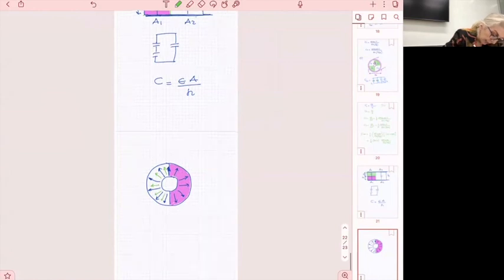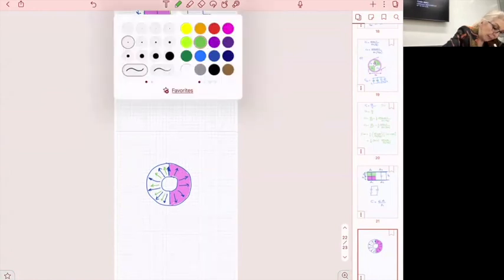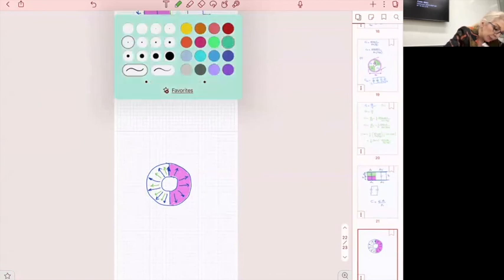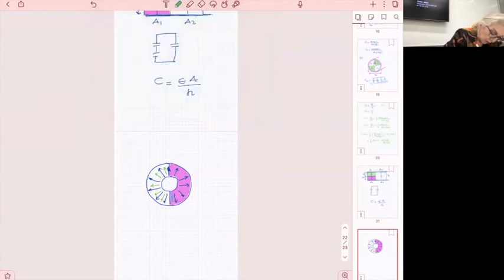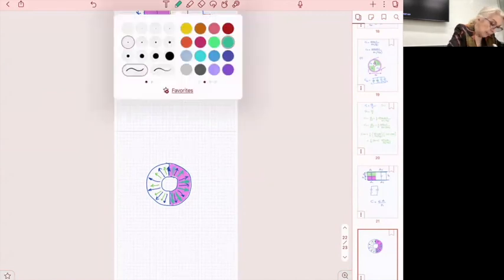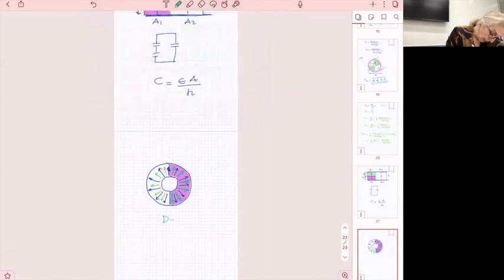When it gets inside the dielectric, it's going to get much stronger because the flux density is the product of the electric constant and E. So D is epsilon naught E here, and D equals epsilon E here.